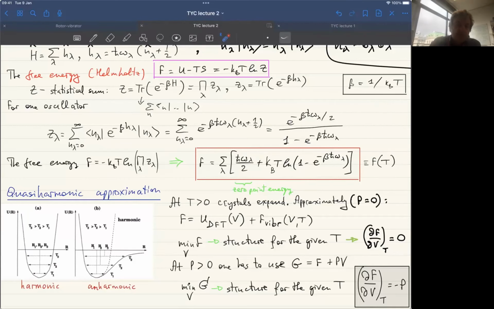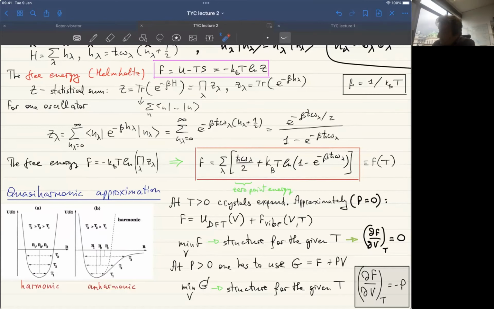But you can also take an arbitrary volume of your system. For example, if you have a cubic crystal, you will just take another lattice constant, which is bigger than the one at zero temperature. And in that case, of that other expanded unit cell, you can also relax atomic positions, obtain your DFT energy, and also obtain vibrations.